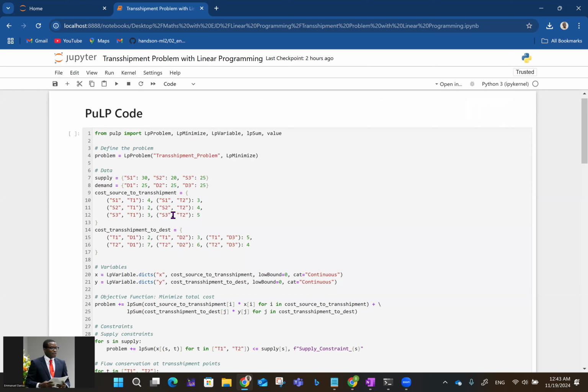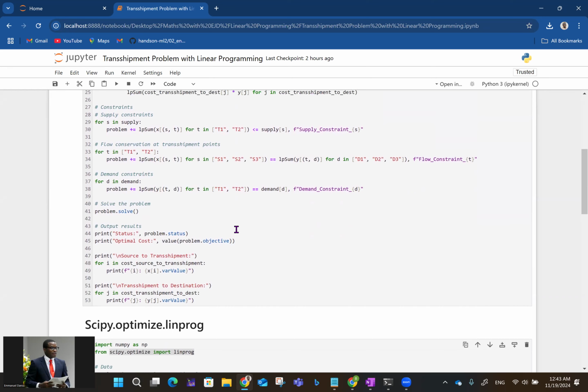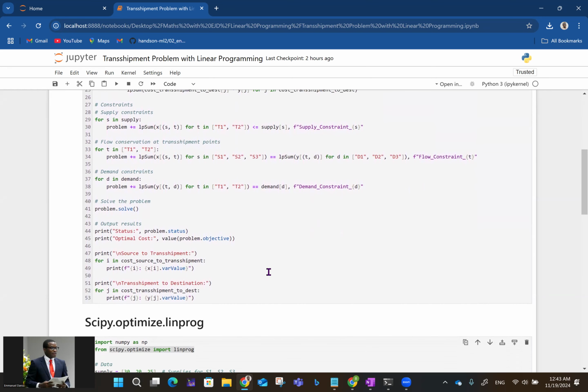Then we also have the shipment costs. From S1 to T1 is 4, S1 to T2 is 3. We have all that. Then we also have the shipment to destination. Then everything is defined as necessary, and if you just go through this, you see how the whole setup looks. So I'll just run this.